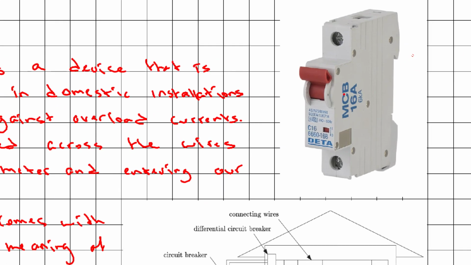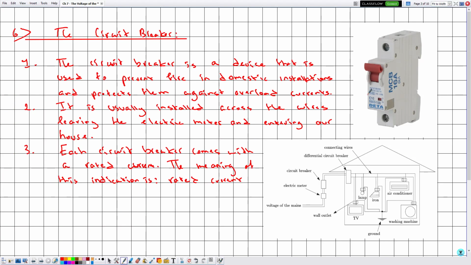In this case, this is the rated current which is here, 16 amperes. Rated current of the circuit breaker under which it protects the circuit.